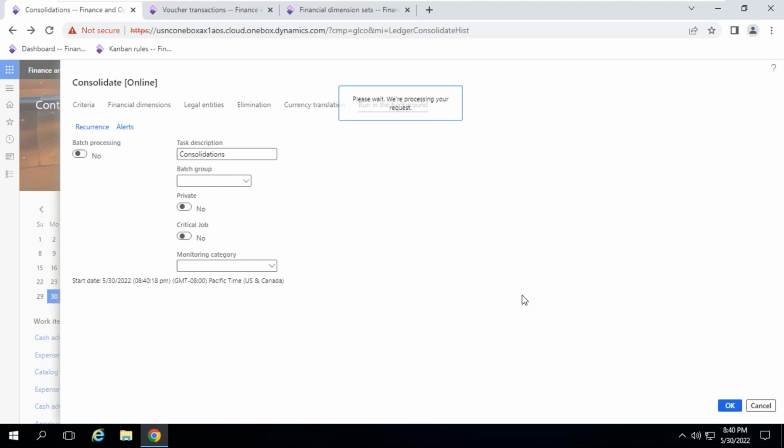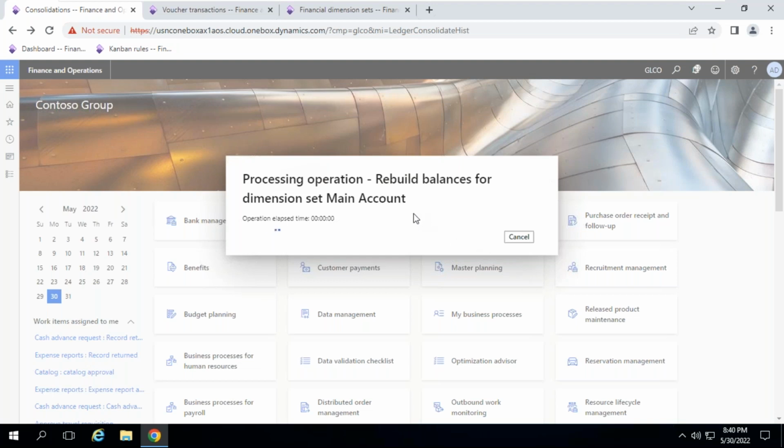Sir, this intercompany entry, can we do it through AP and AR also? Yes, you can do it. I have to remove the rebuild balances.